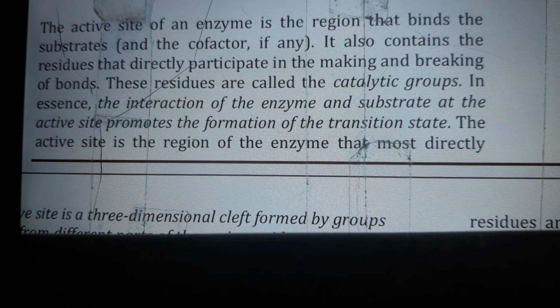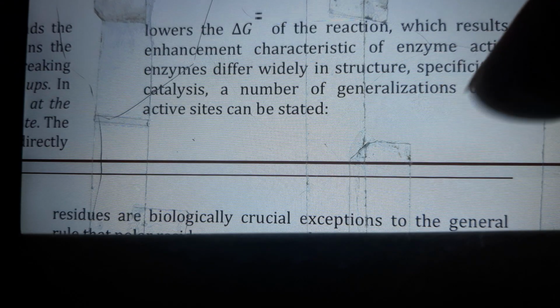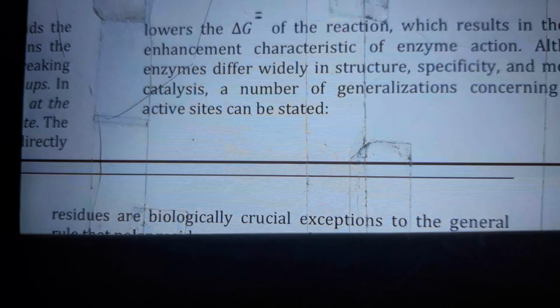The active site is the region of the enzyme that most directly lowers the delta G double dagger of the reaction, which results in the rate enhancement characteristic of enzyme action. Although enzymes differ widely in structure, specificity, and mode of catalysis, a number of generalizations concerning their active sites can be stated.